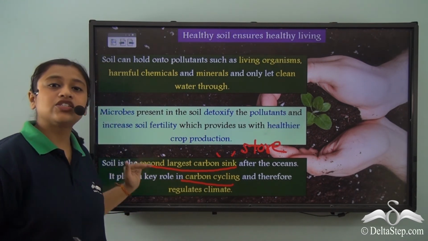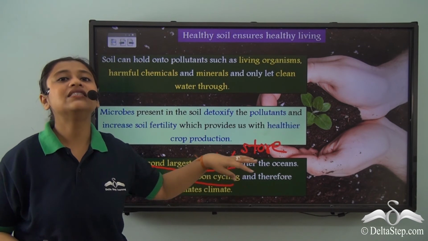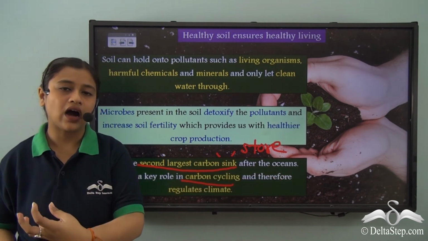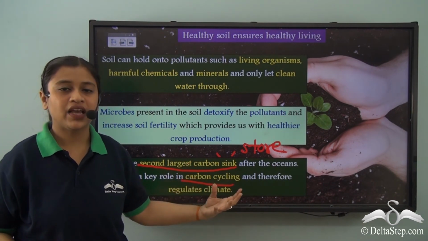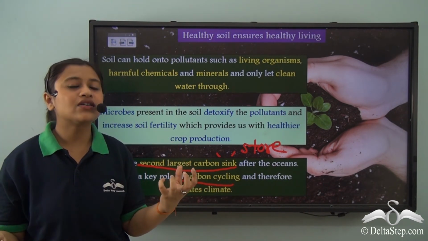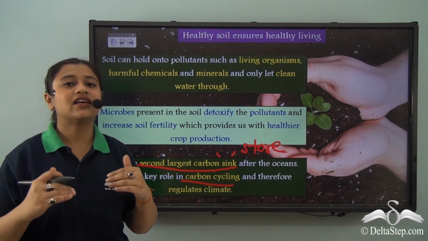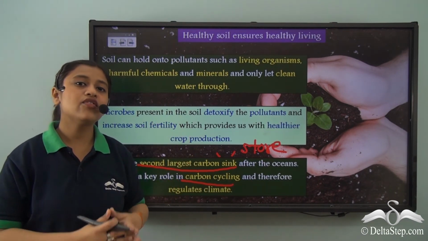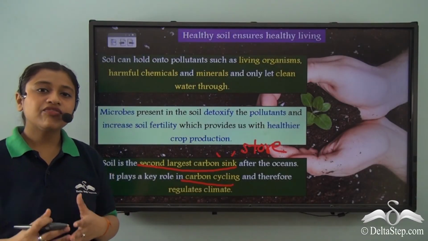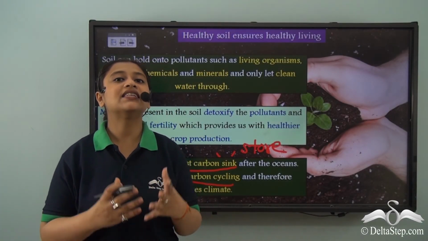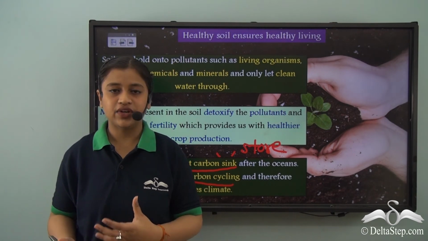Therefore, the soil acting as a carbon sink or a carbon storehouse actually regulates the climate through carbon cycling. They store the extra carbon dioxide in the layers and do not let it out, therefore balancing the climate.